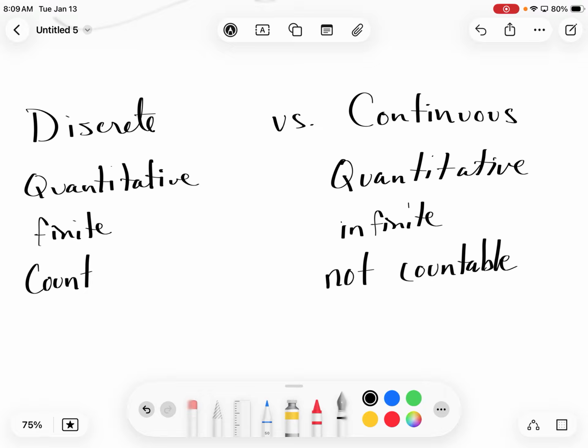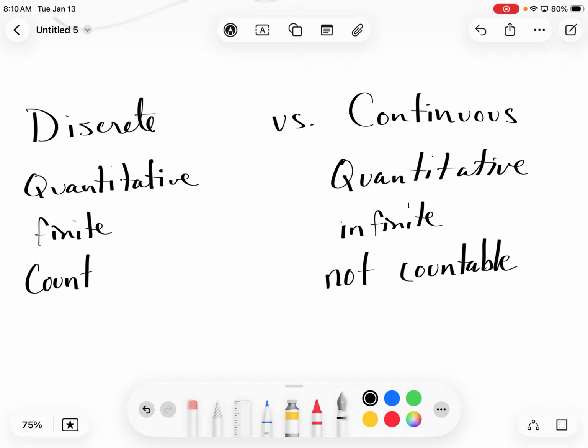And it also goes on to say the term countable means that the values result from counting, such as 0, 1, 2, 3, and so on. A discrete variable cannot take on every possible value between any 2 possible values. And a continuous variable may take on every possible value between any 2 values, like your decimal points, right?